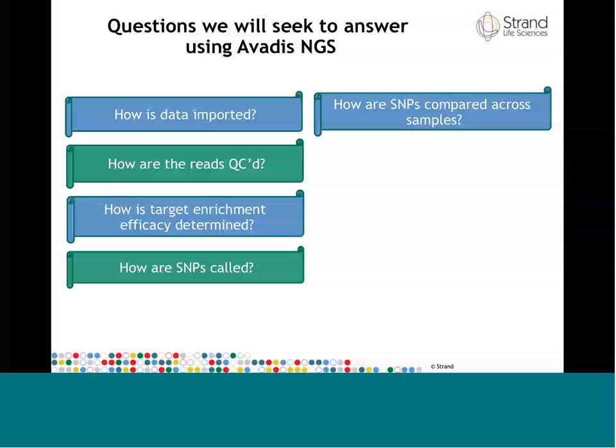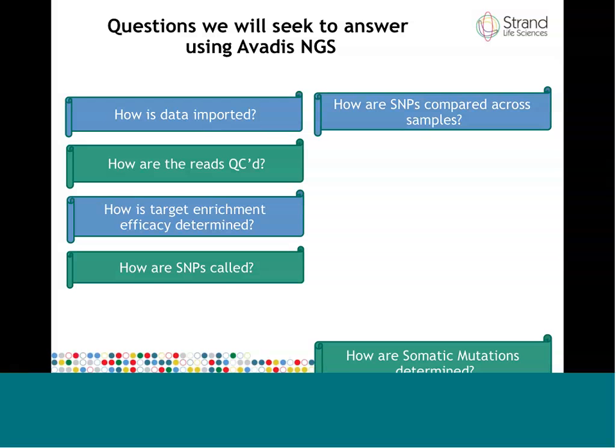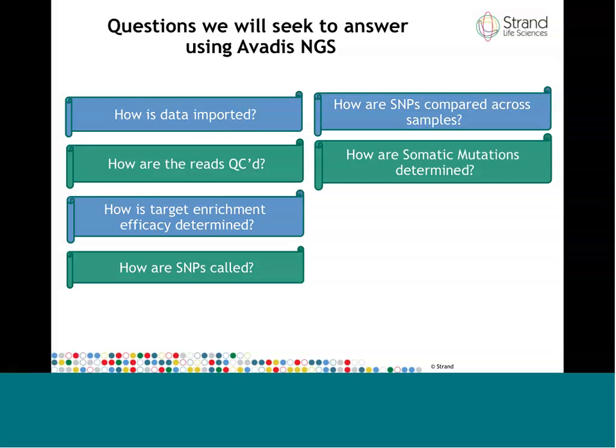And then once you have SNP calls for all your samples in an experiment, how do you compare SNPs across samples to find SNPs that are present in one but not in the other, etc.? A special case of that, of course, is somatic mutations, where you have tumor normal pairs and you want to identify mutations that have occurred somatically in the cancer sample but are not present in the germline normal sample.